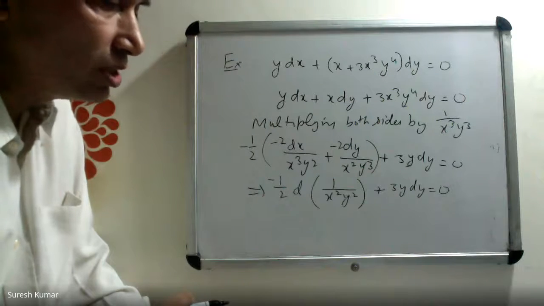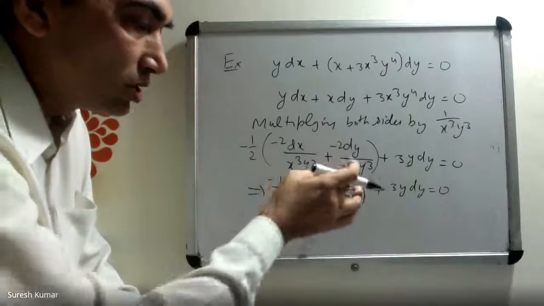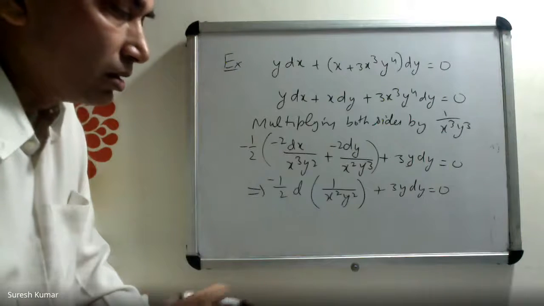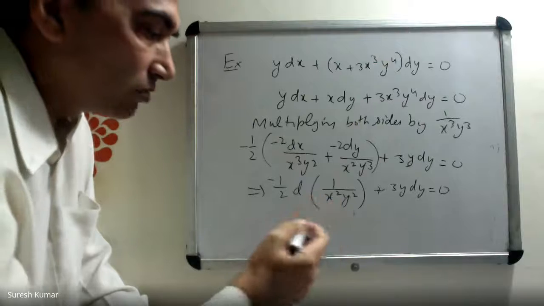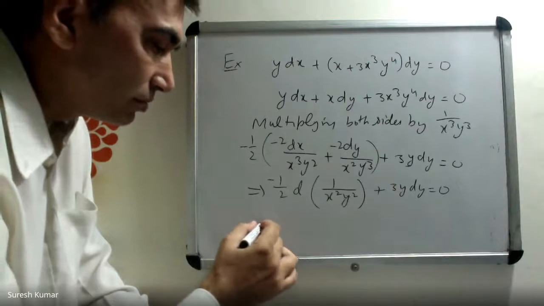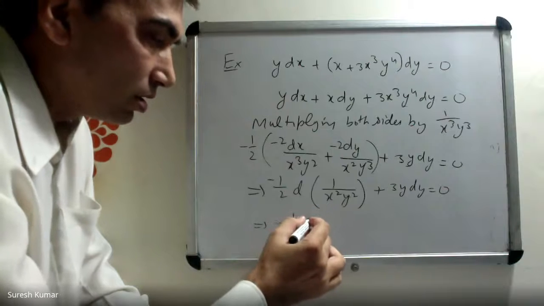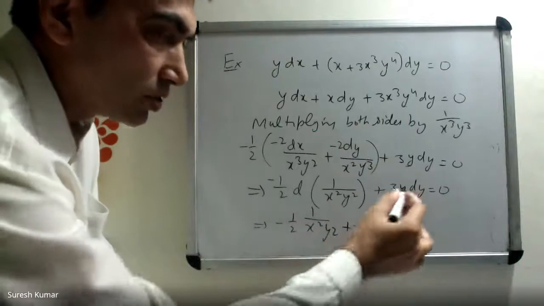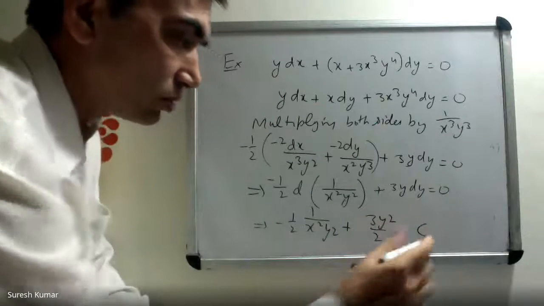And once I do that, I'm able to see that these two terms are an exact differential. If I differentiate this, then I get this thing. After that, you can integrate both sides. If I integrate, what do I get? Minus half of 1 over x square y square, and the integration of 3y is 3y square over 2, equal to c.